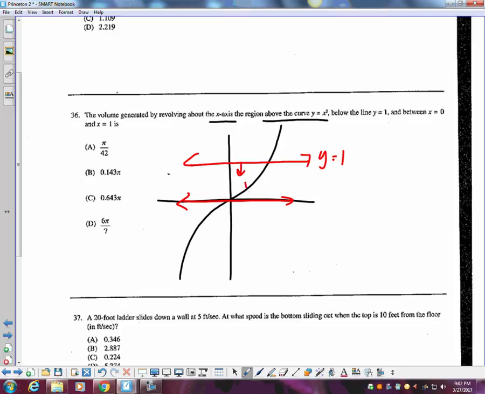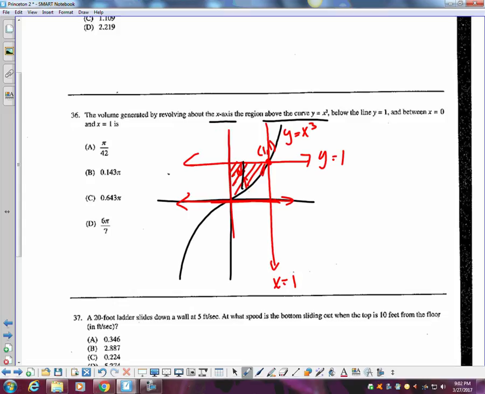So below here, above here, and between 0 and 1. Well, on y equals x cubed, if y is 1, x is 1. So I know they intersect. Okay, so I'm here. Where am I going? I'm going on around the x-axis.